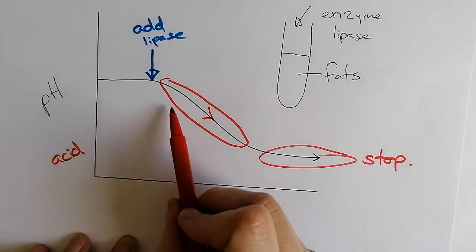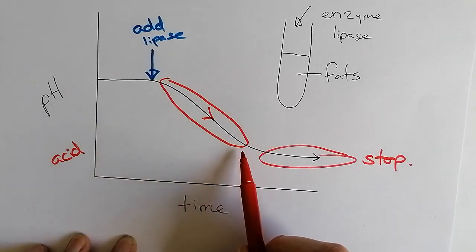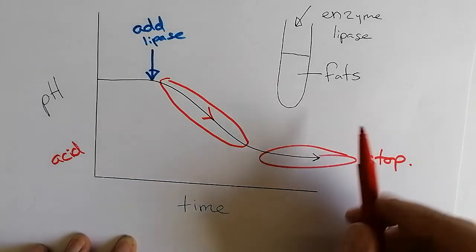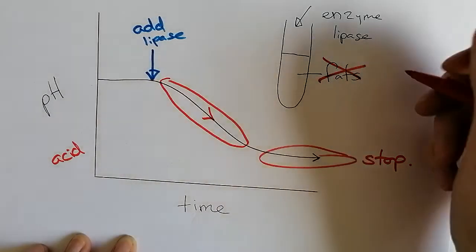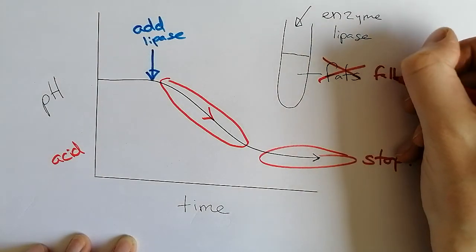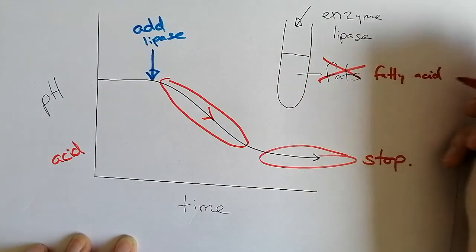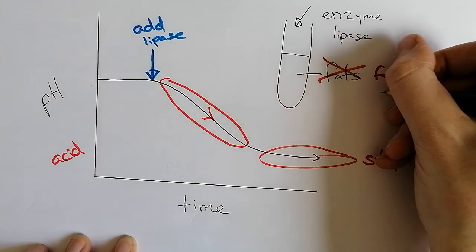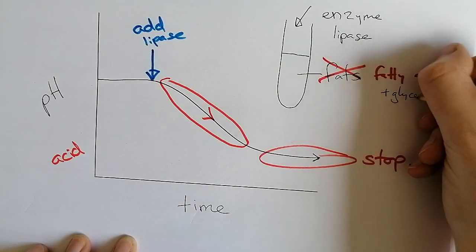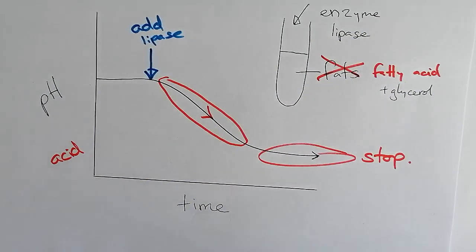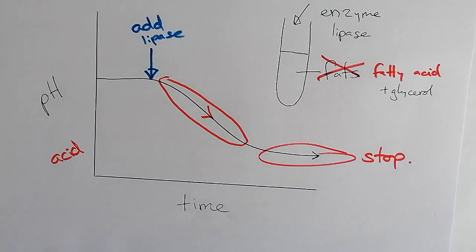And as that goes more and more acidic, we've broken down more fat. But eventually, all of the fat molecules are no longer there, and they are now all fatty acids and glycerol. And that's all that there is left. And if there's no more fats to break down into fatty acids, then the pH is not going to go any lower.